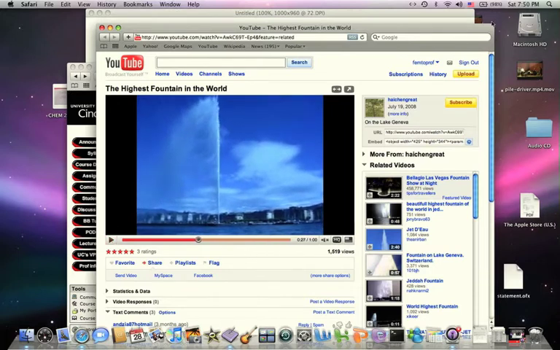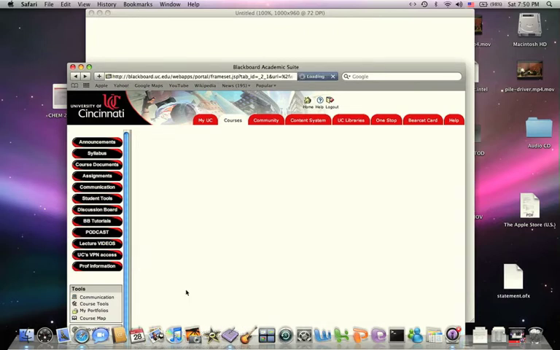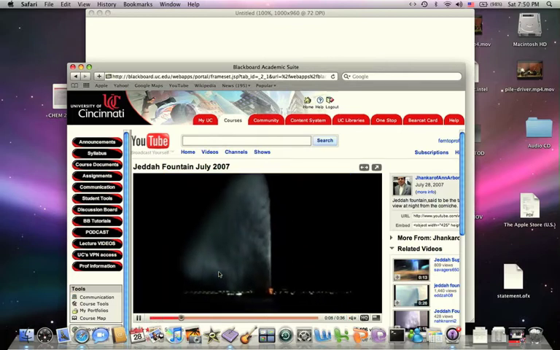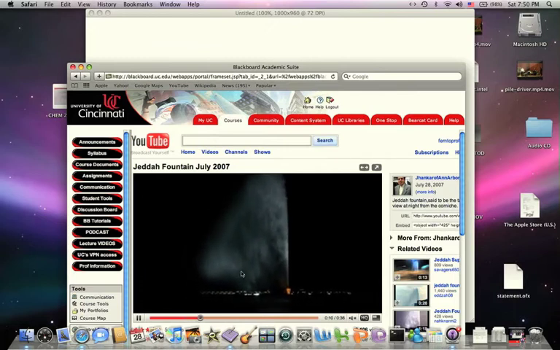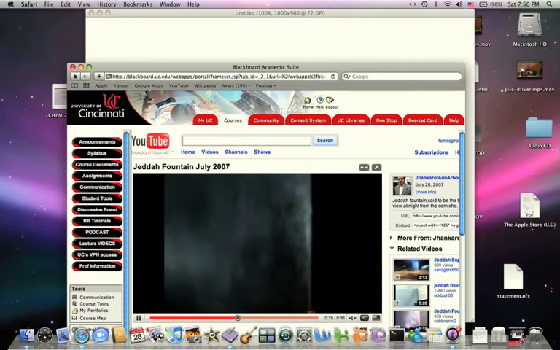Now, the actual highest fountain is the Jeddah fountain in Jeddah, Saudi Arabia. This is at night. This thing's almost twice as tall. It again sprays up huge amounts into the air.